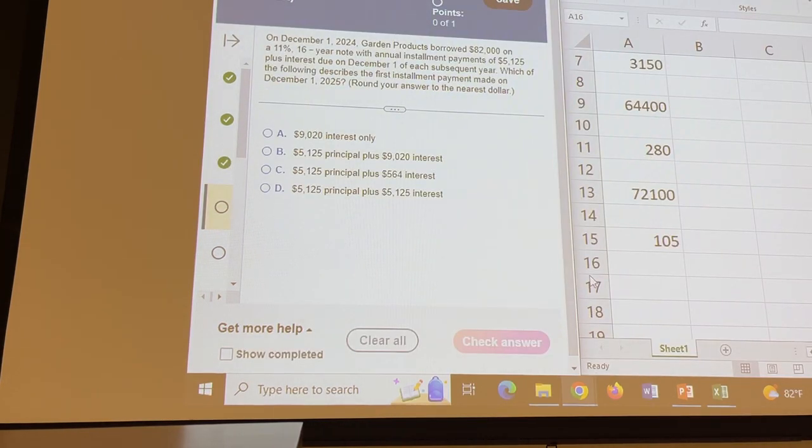Well, the interest part, go ahead. I'll calculate it. 82,000 times 11%. What's the interest? So, I guess it'd be B, $5,125 principal plus $9,020 interest.